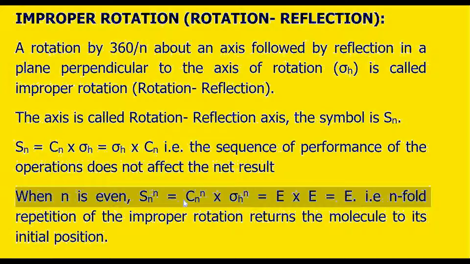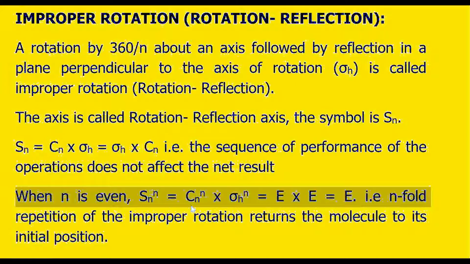Now, while studying the rotation operation, we have already seen that Cn raised to n is equal to E, irrespective of whether n is even or odd. For example, C2 squared, or C2 raised to 2, is always equal to E. Check the water molecule.